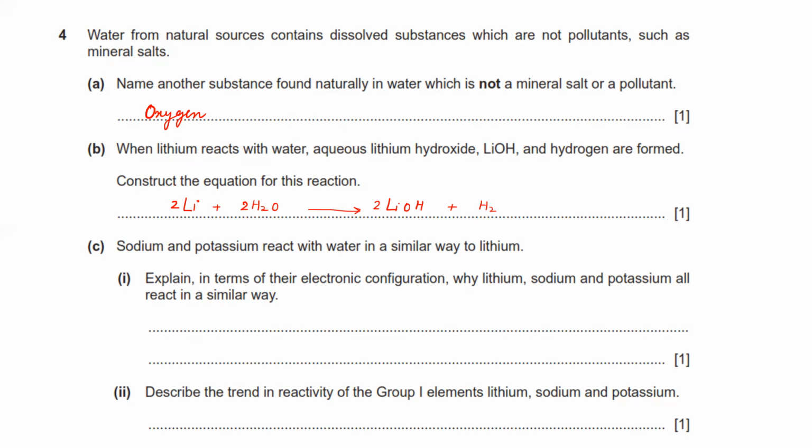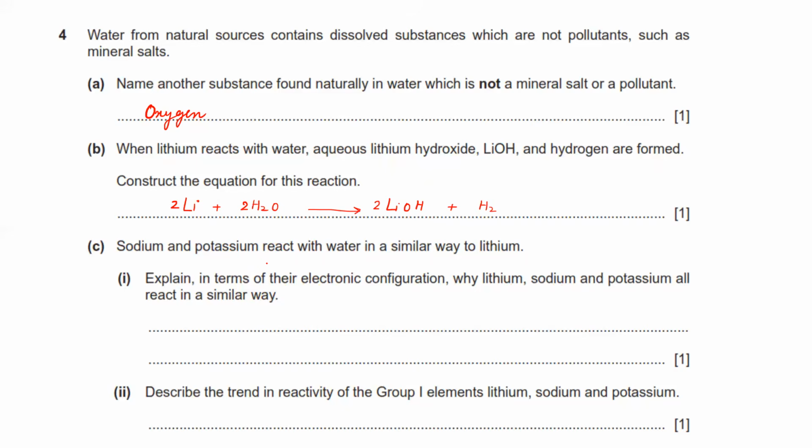So always remember, whenever you have to write the equation, they will give you the reactants and the products, but you have to balance the equation in order to have complete credit for your answer. Then part C, sodium and potassium react with water in a similar way to lithium. Explain in terms of electronic configuration why lithium, sodium, and potassium all react in a similar way.